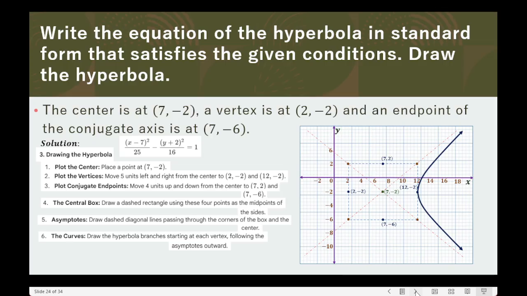Make sure that the curve will never touch any of those asymptotes. So this is the graph whose equation follows these given conditions.